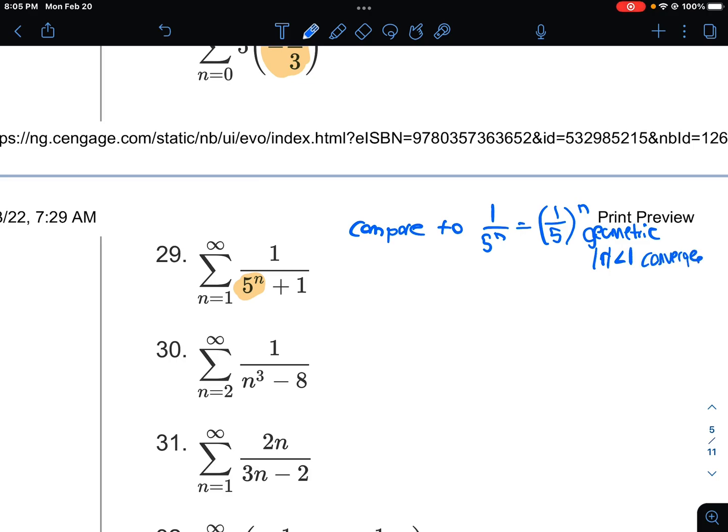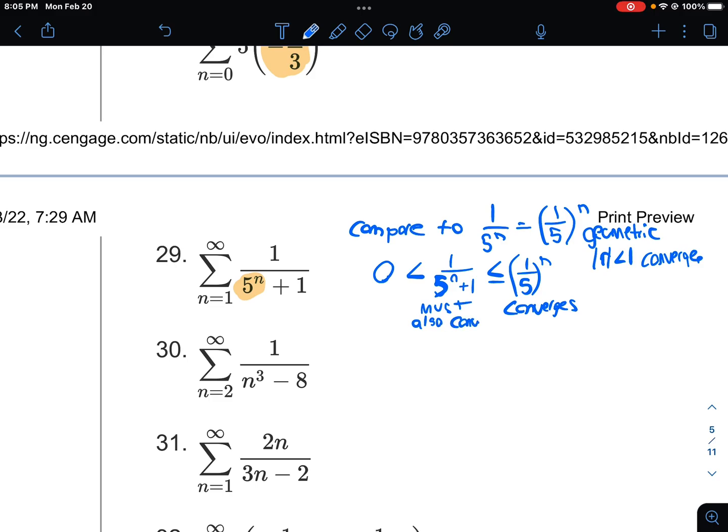Now if I'm going to use the direct comparison test, I need to show that 0 is less than 1 over 5 to the n plus 1. I know that looks like an s, that is a 5 in fact. Is less than or equal to 1/5 to the power of n for all values of n. And what this means is if the larger series converges, then the smaller must also converge.